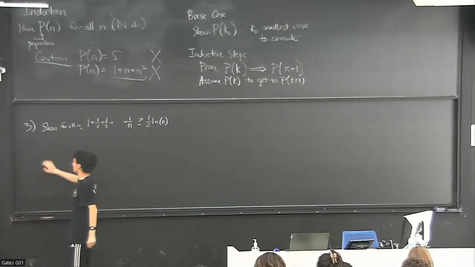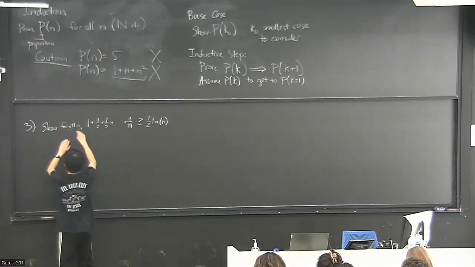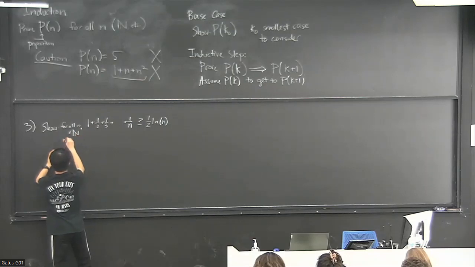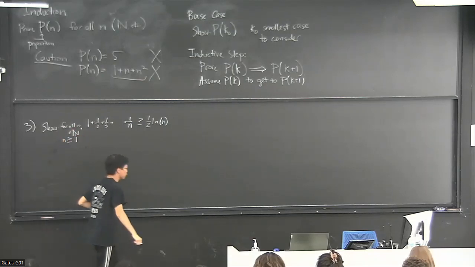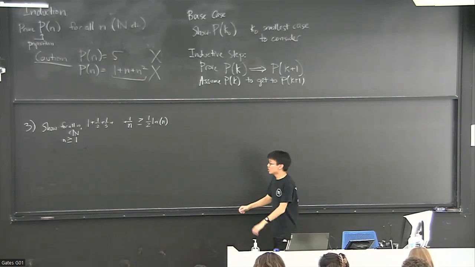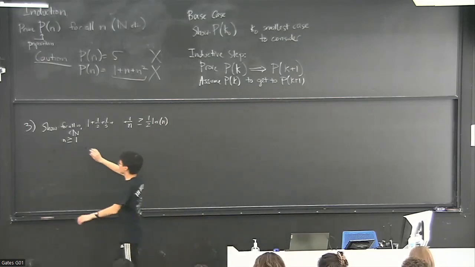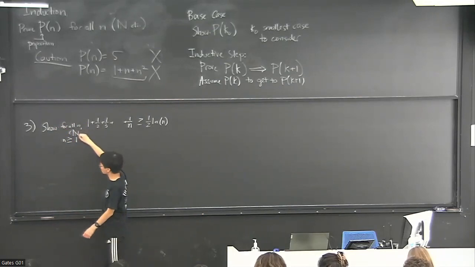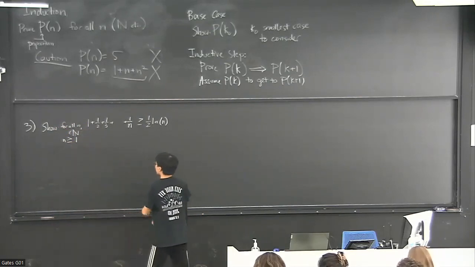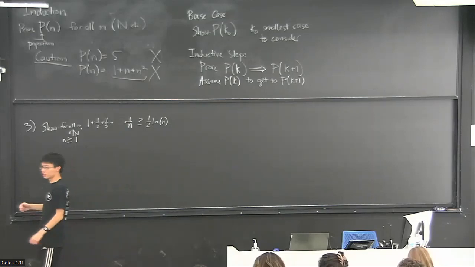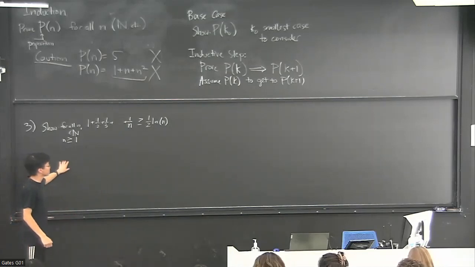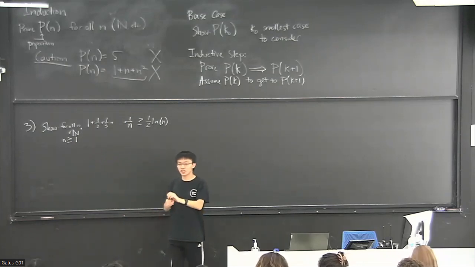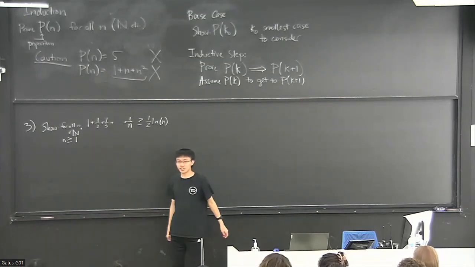I didn't totally write it out clearly, but this is for all n naturals, n greater than or equal to 1. Notice here we have that case that we were talking about. We want to prove something is true for all n, which is naturals, and n greater than or equal to 1. I use this problem to show you a technique which may come in handy when you do your induction proofs.